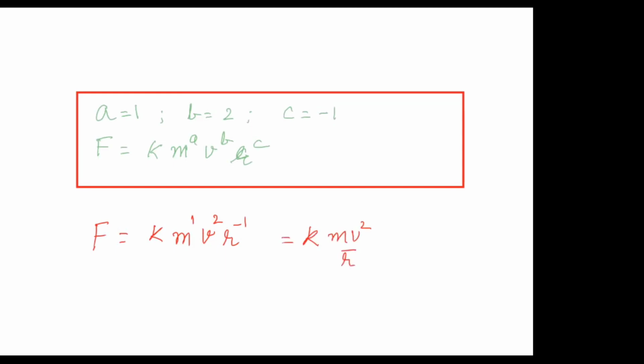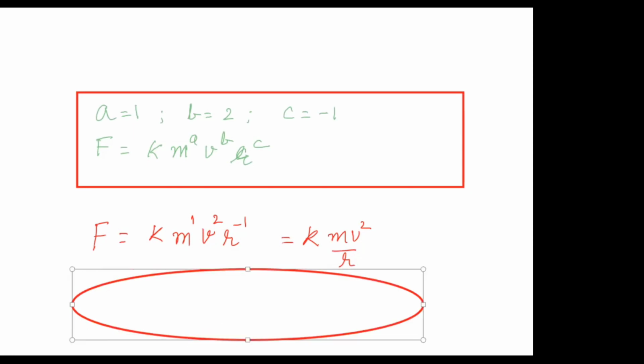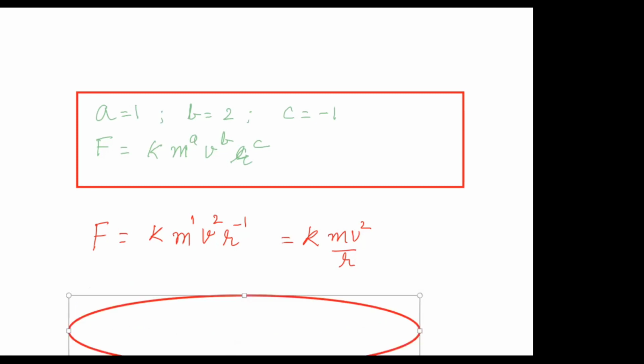So here we have derived an equation for centripetal force that says F equals k m v square upon r. Now we can see that by using dimensional analysis, we have derived an equation. So I hope all the three applications are very, very clear to you all.